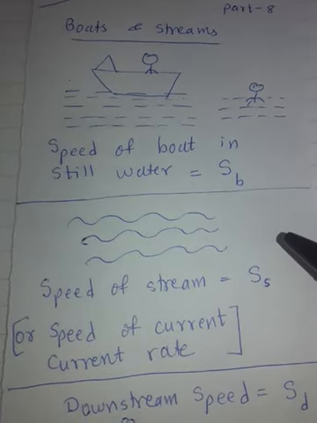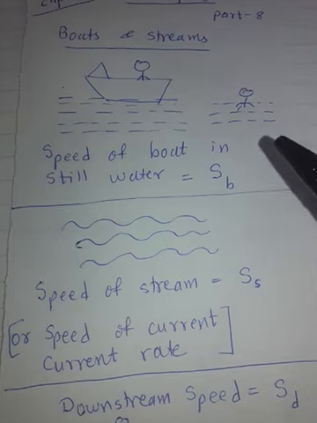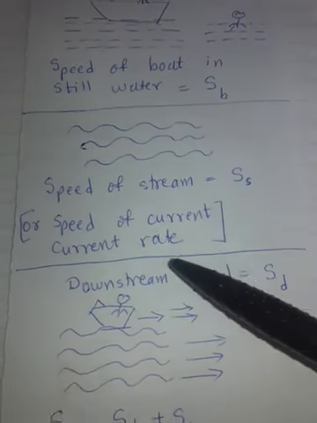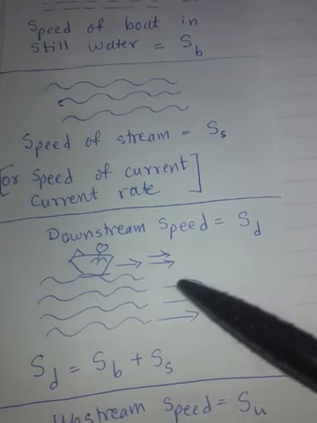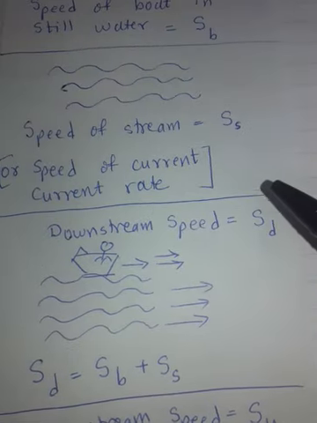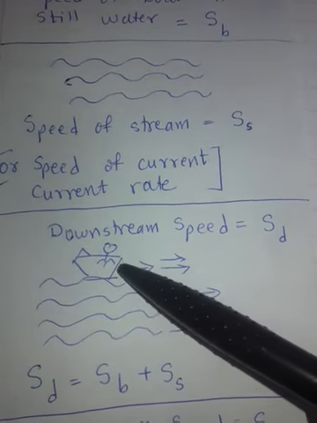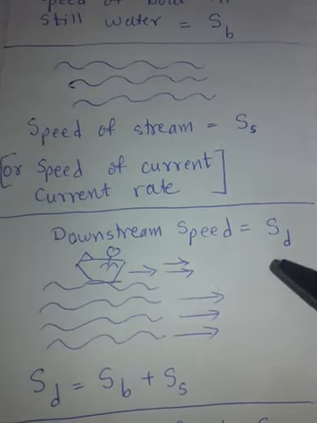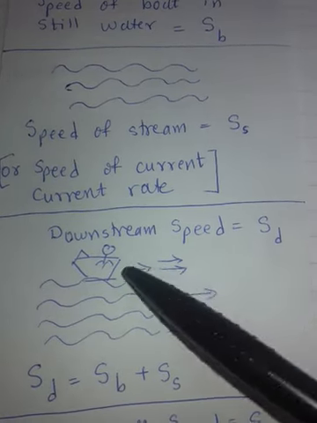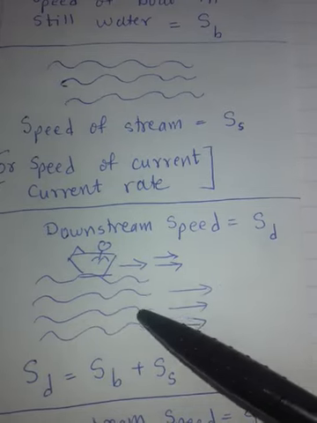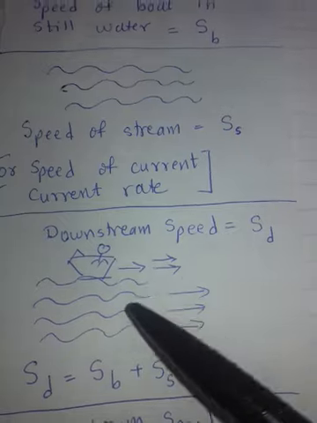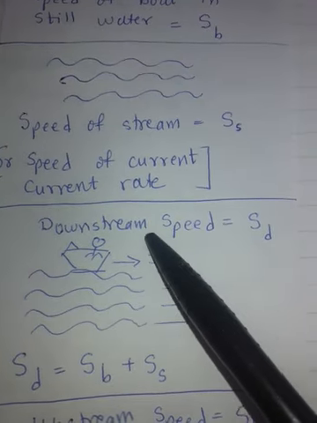Both cases are possible. Now what happens if water is flowing and in the same direction the boat is also moving? Water is flowing in this direction and the boat is also moving in this direction. So this water will also help the boat to move ahead. Am I right? Both are moving in the same direction. That means this water will help the boat to move faster. So this is known as downstream.